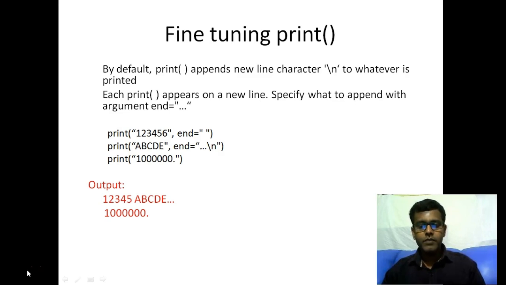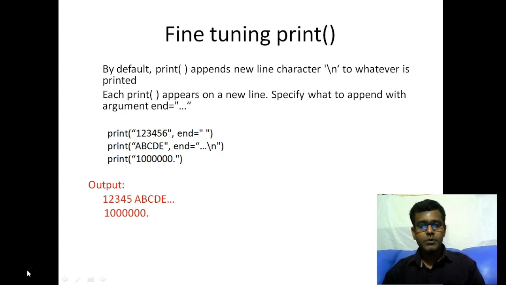Whenever the print statement prints something, it will automatically go to the next line and start printing the next print statement. In this example, I am printing 1, 2, 3, 4, 5, 6, and in the next line I am going to print A, B, C, D, E. Here I am using a special kind of attribute called end.